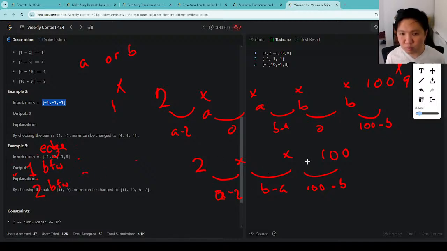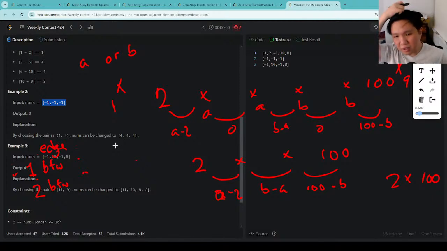And 2 between, which is 2 or more between. This is how I will conceptualize it. And then I have the numbers before and after it. From there, I will try to figure out what the possible values of A and B are that will minimize the absolute difference between them.